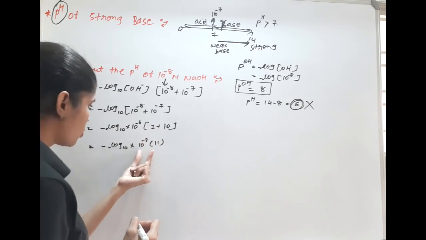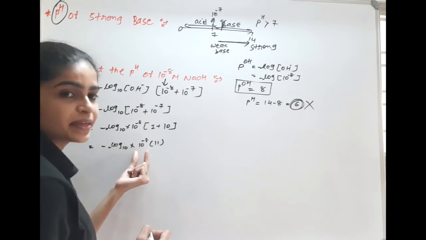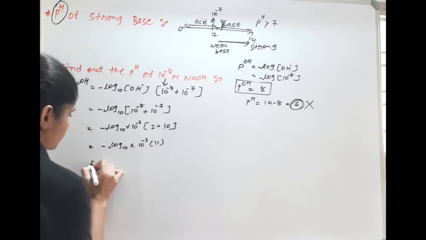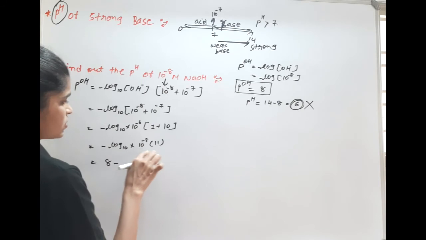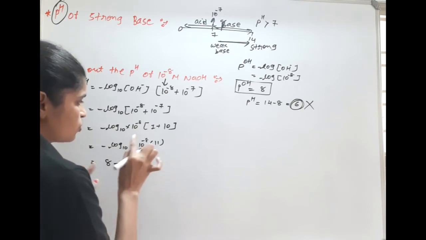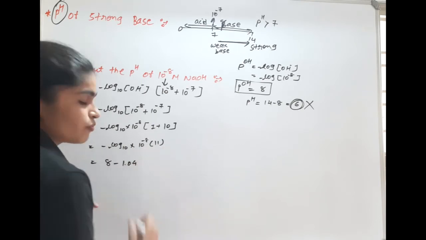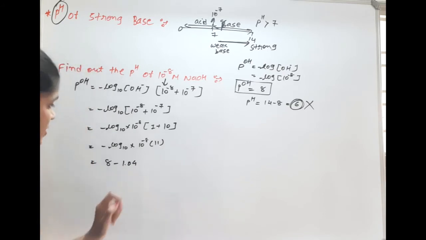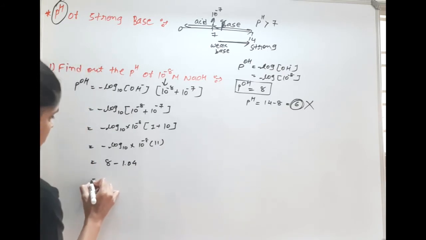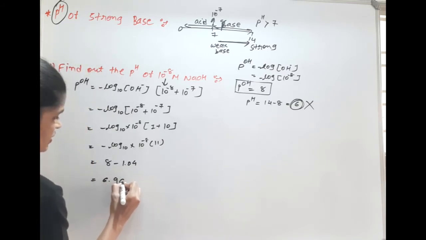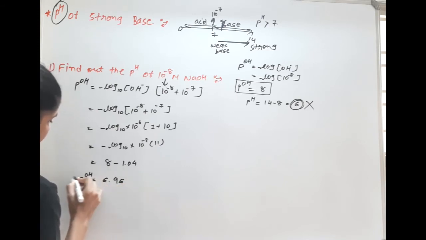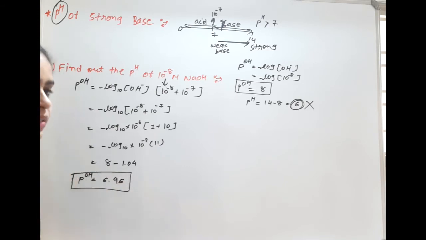We know that minus log of 10 raised to minus 8 is plus 8. This leaves minus log 11. So log 11 is 1.04, and 8 minus 1.04 is 6.96. So pOH is equal to 6.96.